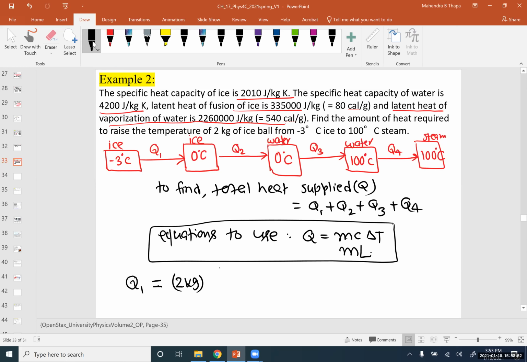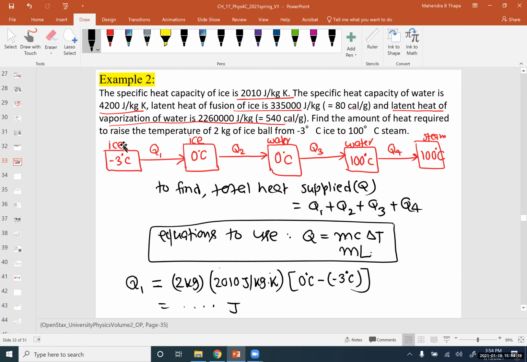They give you 2010 joule per kilogram per Kelvin. Okay. Change of temperature: final temperature is 0 degrees minus initial temperature, minus 3 degrees Celsius. So you can calculate. Mass in kilograms, everything in the SI system. So your Q1 will be in joules, something joule.